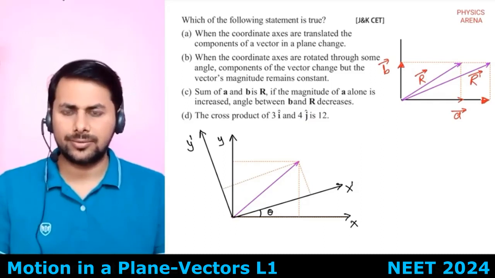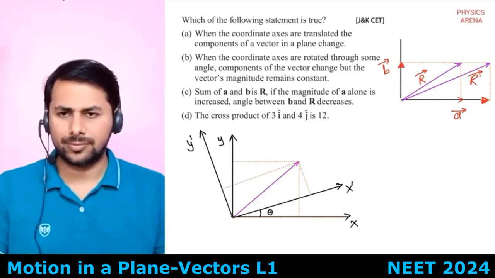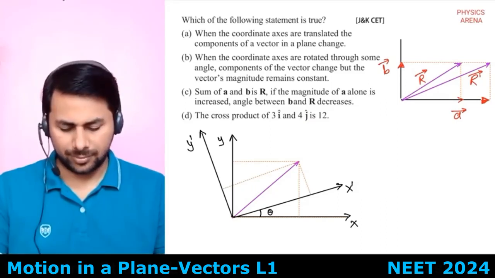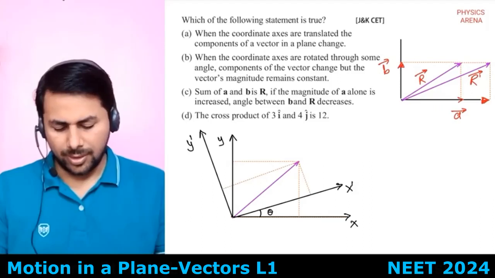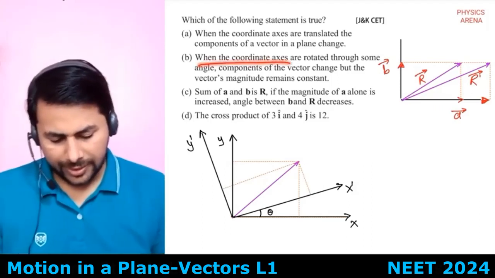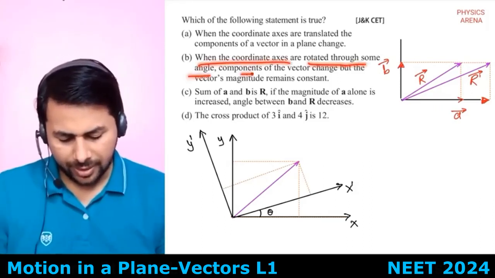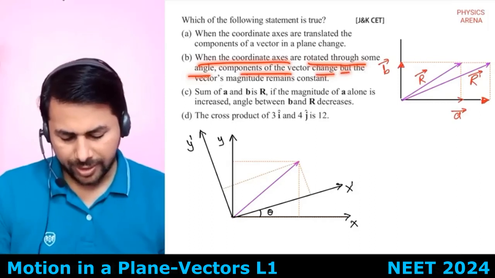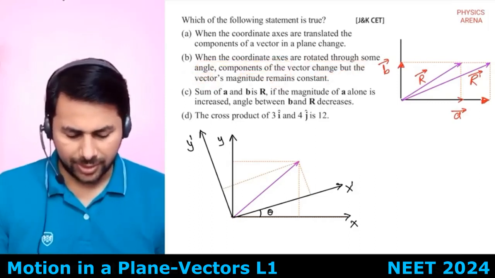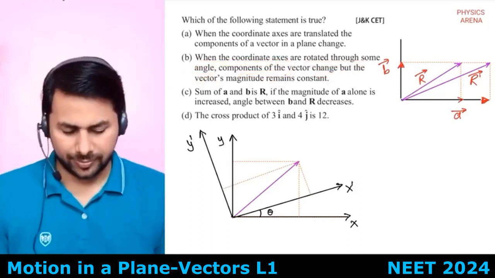So can you guess? Sir, is the answer option B? Option B is when coordinate axes are rotated through some angle, components of a vector change, but the vector's magnitude remains constant. Yeah, this is true.